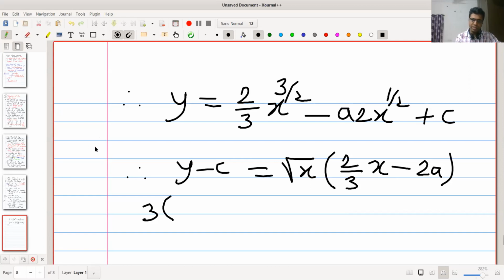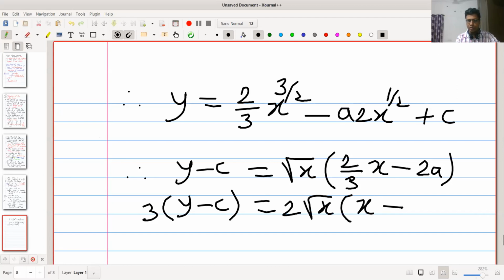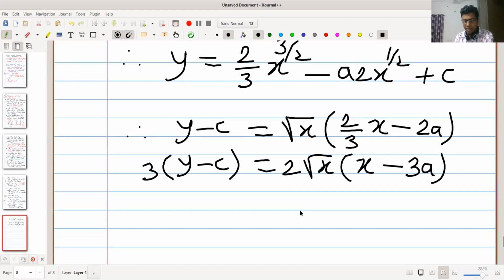So we are multiplying by 3, so it is 3 into y minus c equal to, and take 2 common, so 2 square root x into x minus, now we are taking 1 upon 3 common, or we are multiplying by 3, so this is 3a. So 2 is outside. Now we can square and get the required relation.